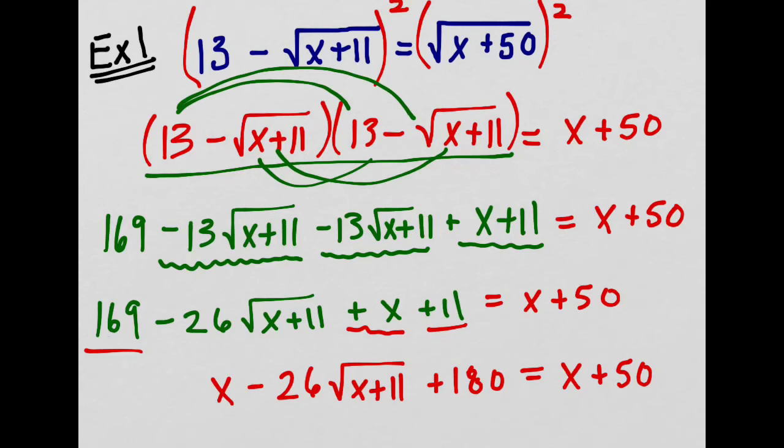On the next page, I'm going to hopefully remember what I just wrote, and then I'm going to continue and pick up this work. So if you need to rewind and see that explanation again, by all means, please do. But you have to be able to get to this point down here. This is the most important thing, because now this is going to set up how we solve the rest of this equation.